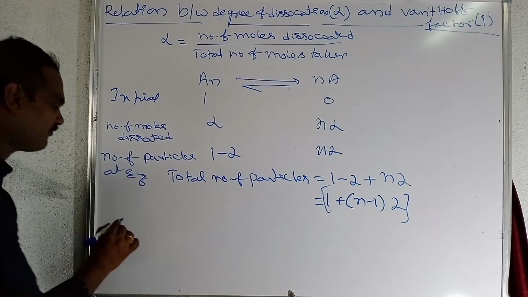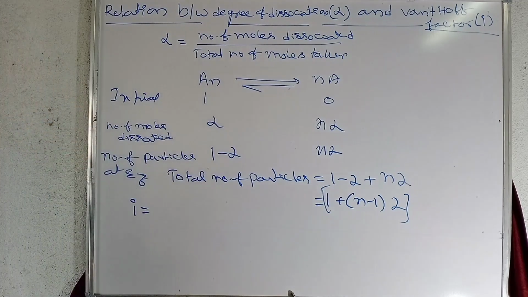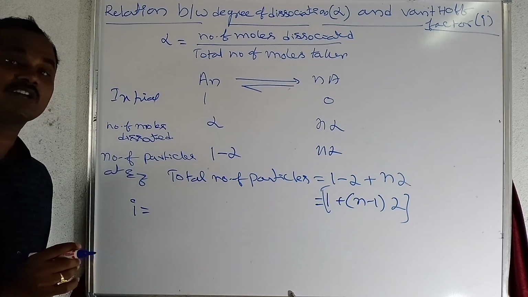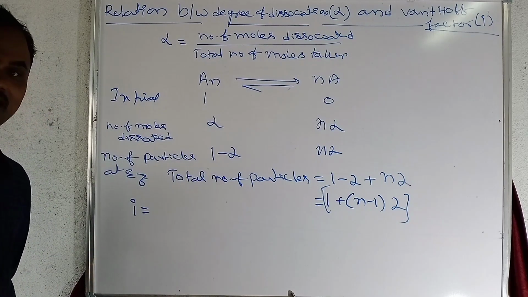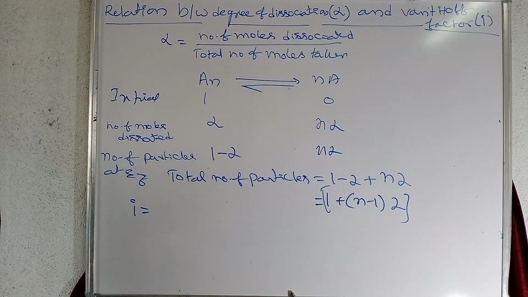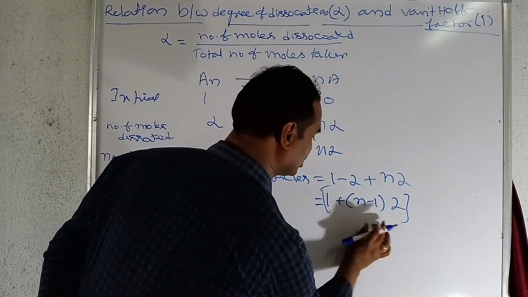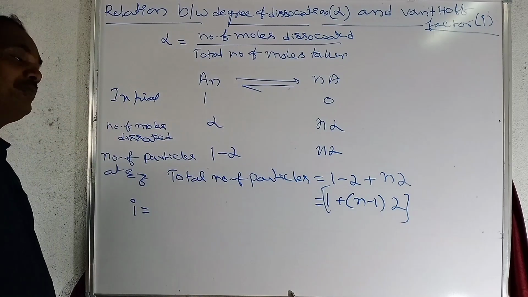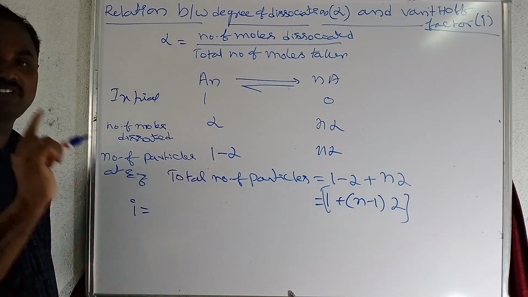Now the van't Hoff factor definition: number of particles after dissociation divided by number of particles before dissociation. Before dissociation we took 1 mole.